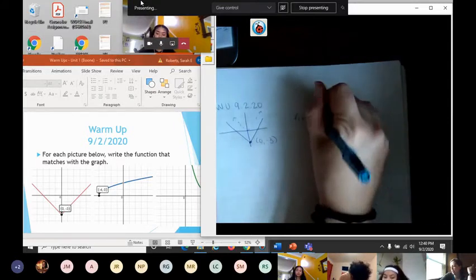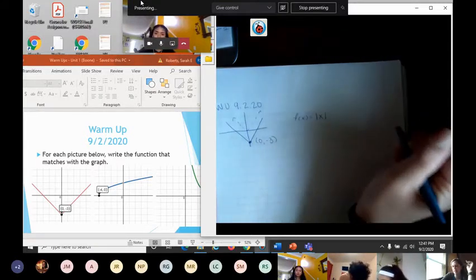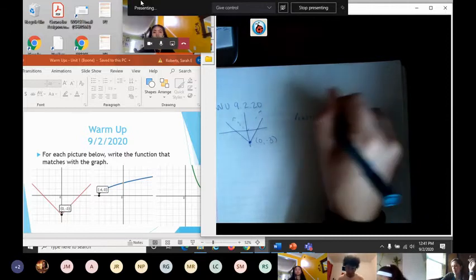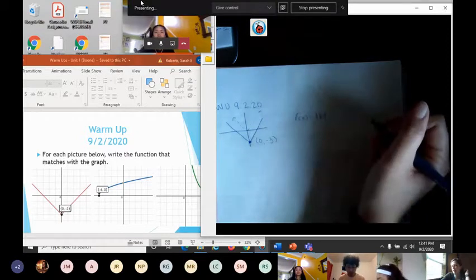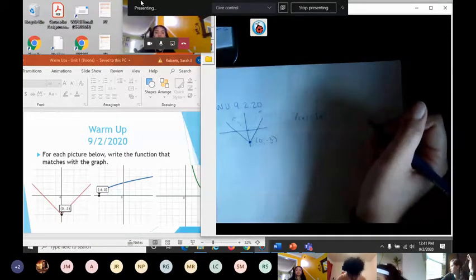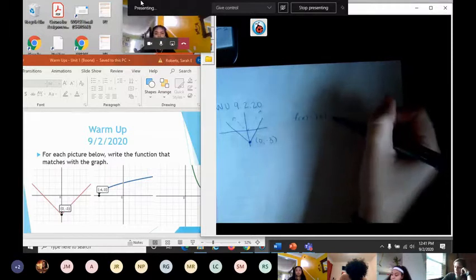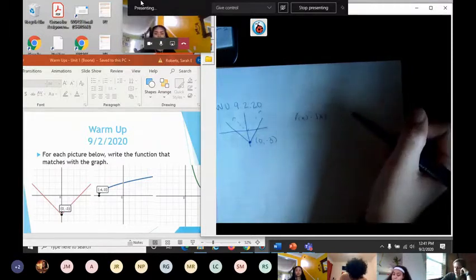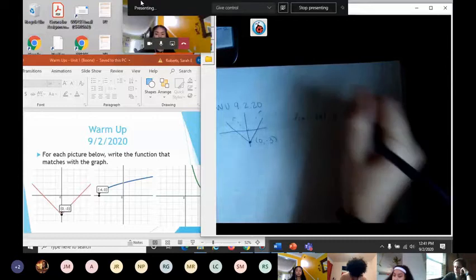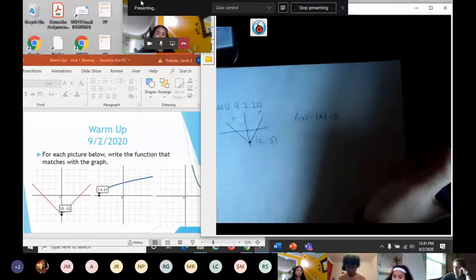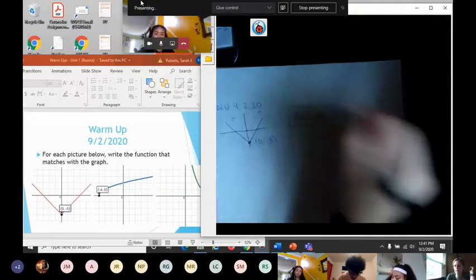So we should just have the absolute value of x in there. We don't need anything inside of the absolute value. But how far did it shift down? -3. So should I add or subtract 3 from this whole thing? Subtract. Very good, subtract 3. Perfect. So this is a function that could match this absolute value graph.